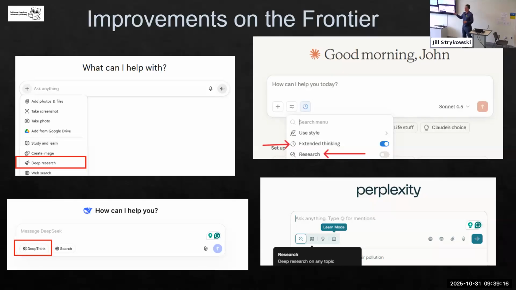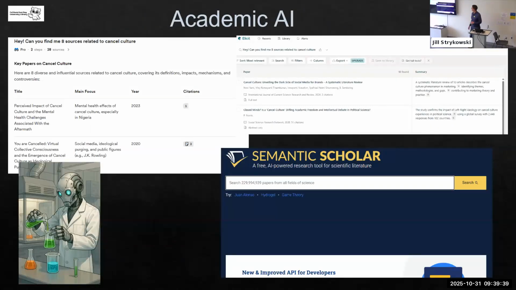It'll try to do better at finding citations. And if you're doing things like deep research with ChatGPT, which those of us in the CSU all have access to if we want, it'll go out and do 20 web searches, spend 10 minutes, and write you a 10,000 word essay on a topic. So that's one thing that's been happening to attempt to improve AI for academic research.